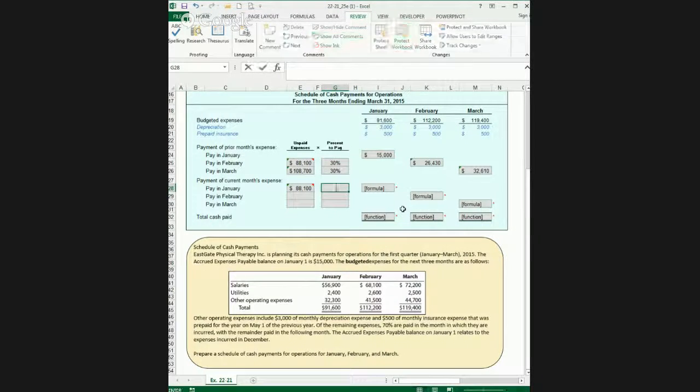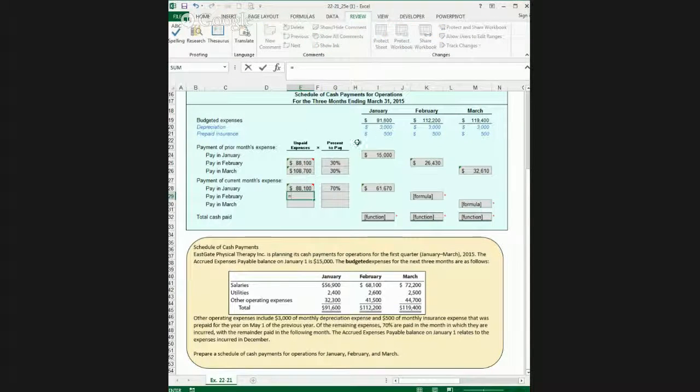The difference is, though, the percent that the company will pay is 70%. So the amount of January cash expenses that would be paid in the month of January would be the $88,100 of cash expenses times 70%, or $61,710.